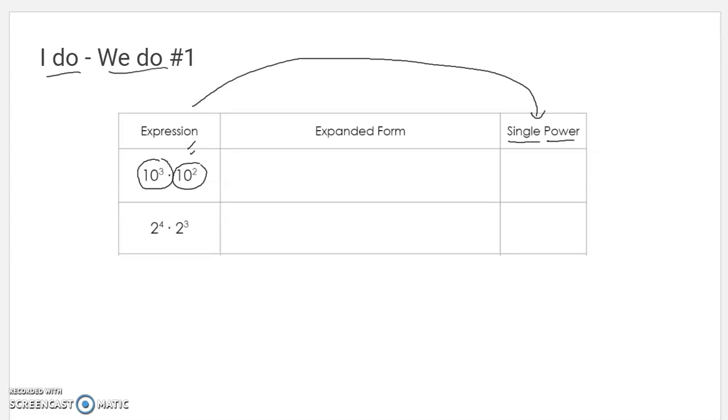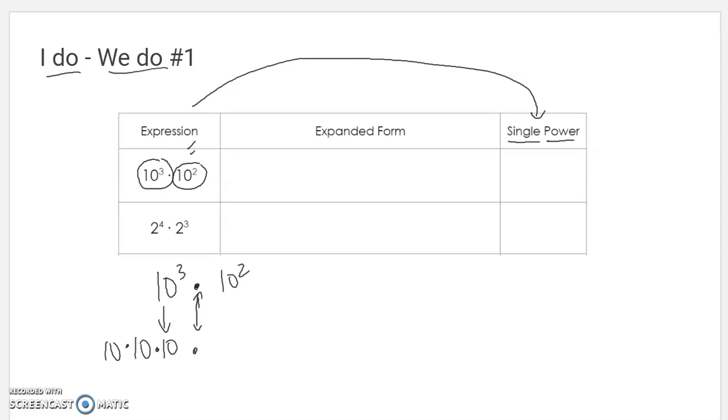So here's how we can do that, right? If I think about this, I'll write it more formally here first. I've got 10 to the 3rd power times, and that's important, 10 to the 2nd power. Well, 10 to the 3rd power is 10 times 10 times 10.